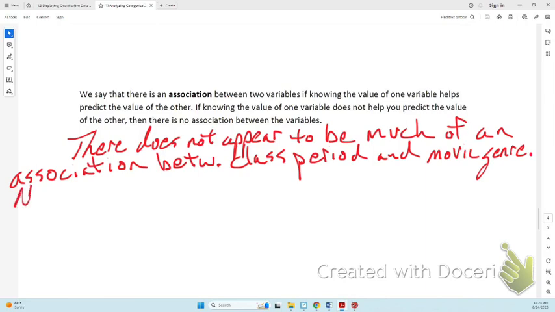No difference at all in, let's fix that.